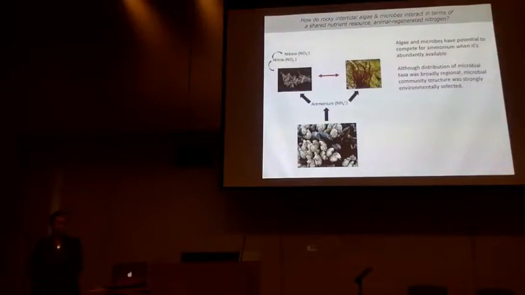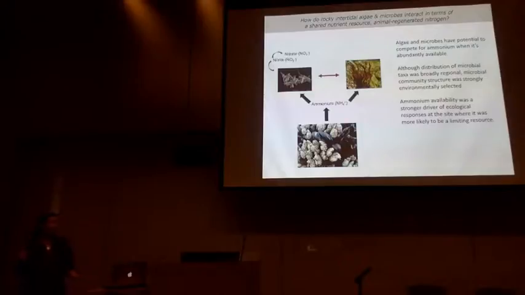Although the distribution of microbial taxa was broadly regional, and my sites didn't differ, the microbial community structure was actually strongly environmentally selected. That microscale difference was really important to driving this turnover. Ammonium availability seemed to be a stronger driver of ecological responses in general at my site where it's more likely to be a limiting resource. So I see this context dependence of the ammonium resource between the two sites that I chose to study.